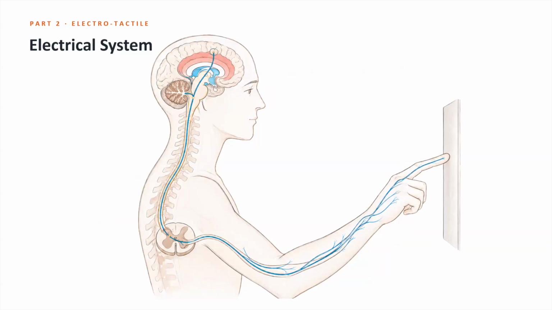When you touch or interact with a physical object, these nerve endings called mechanoreceptors create electrical signals that traverse the nervous system into your brain. And then the brain decodes these as different sensations.